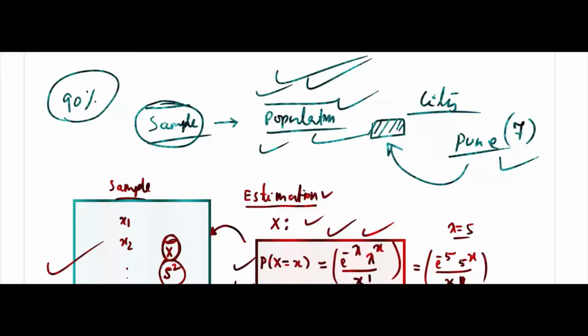Simulation is the only chapter here, in both CS1 and CS2, where we do the opposite. We'll try to find a sample from a population. Suppose this is 10th class and this is a school.